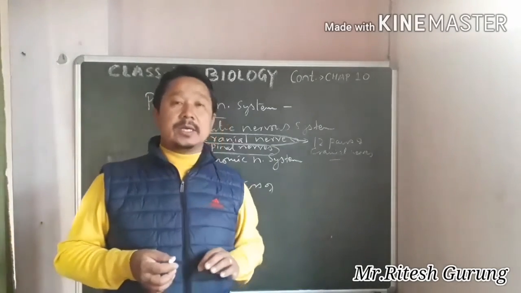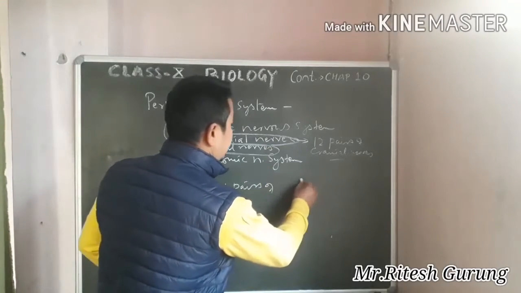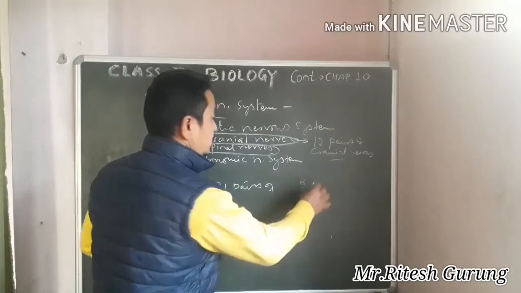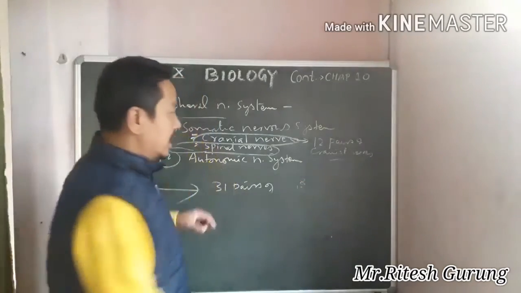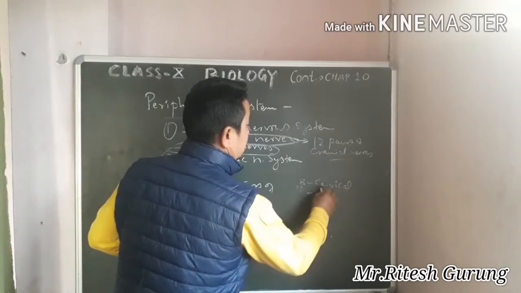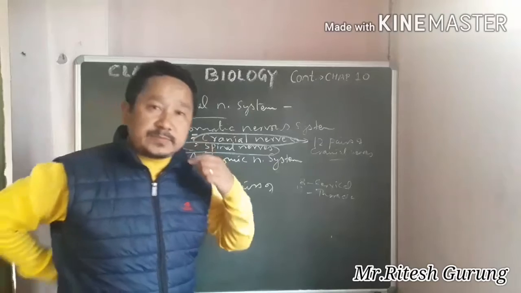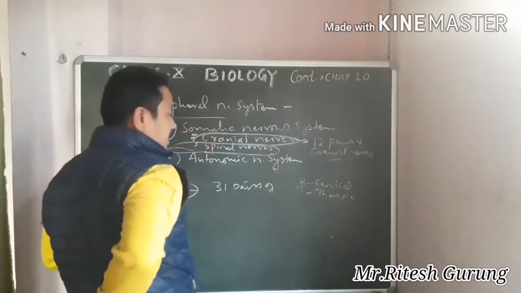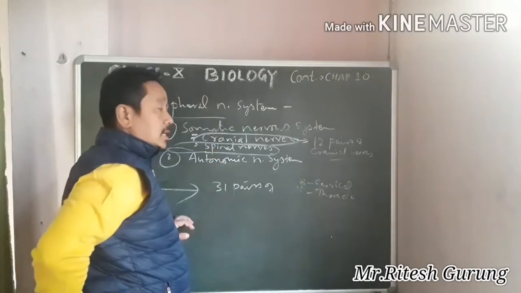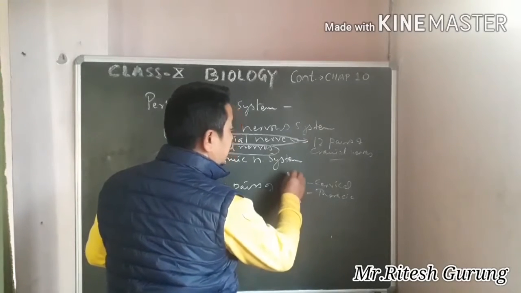Then, let us see, your first one is your cervical, then your thoracic. Just below, in this region, you find the lumbar vertebrae, where you find 5 pairs.